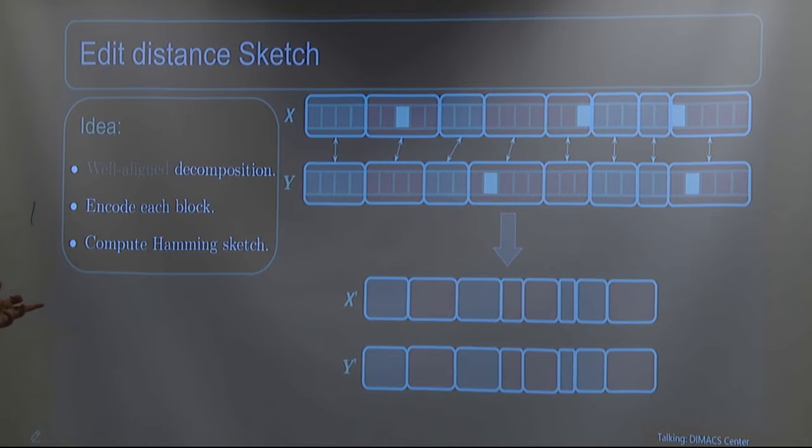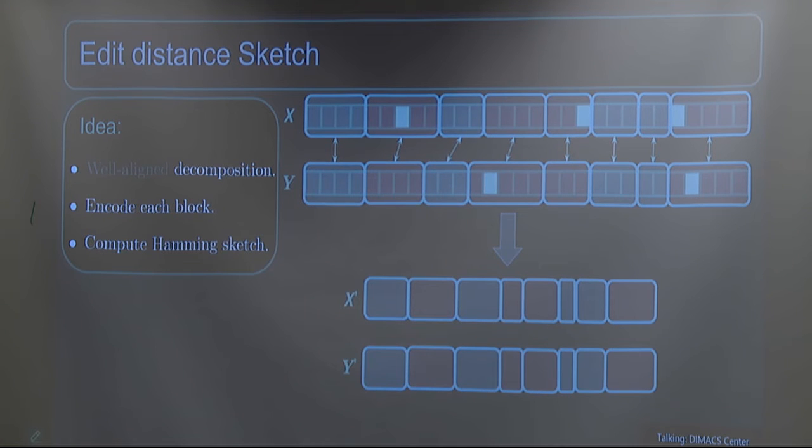Here the number of problematic blocks, as we saw from the property of well alignment, is at most k, and the size of the blocks is bounded by O tilde k.